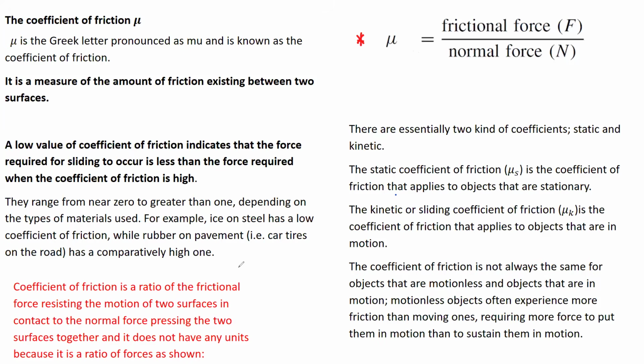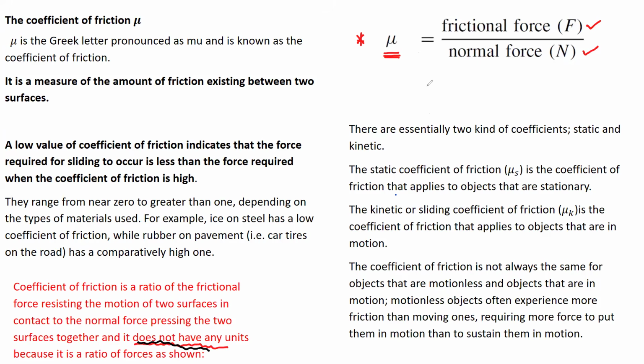Look at this formula, I'll come back to the definition. According to the formula, the coefficient of friction is a ratio of the force of friction divided by the normal force. It explains the last statement, which says it does not have any units.